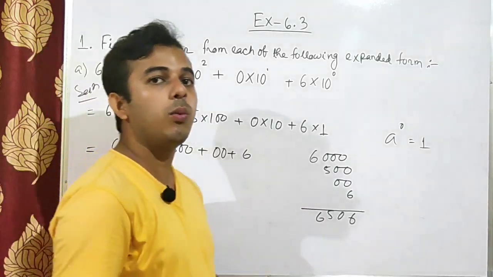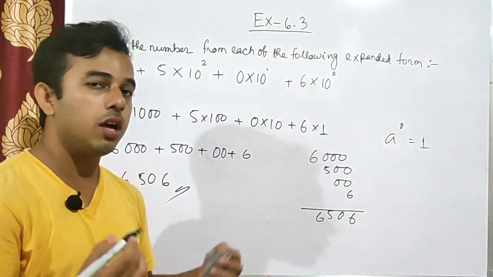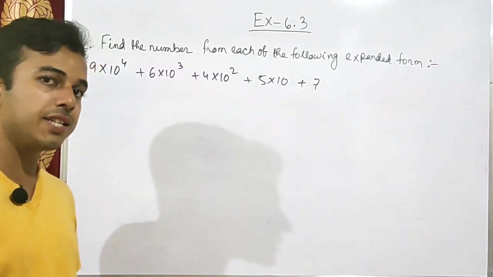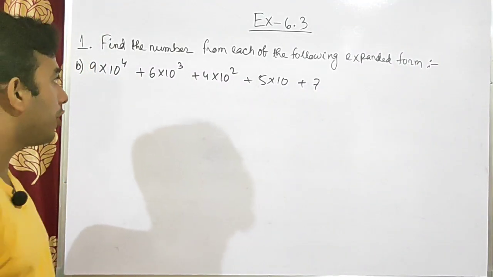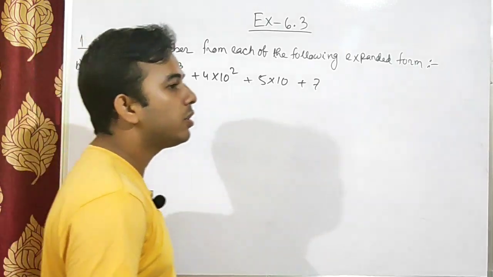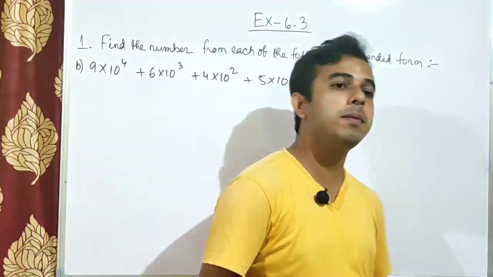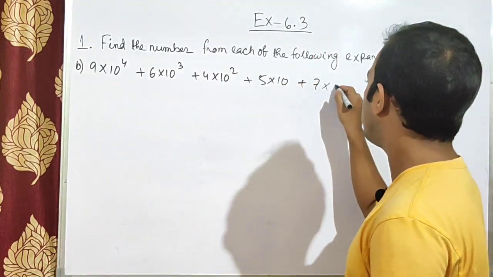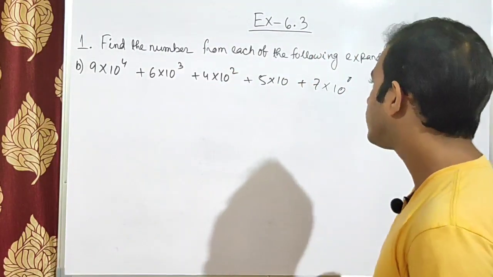Let us solve one more, and the remaining you can solve yourself. So the next expanded form is 9 into 10 to the power 4, 6 into 10 to the power 3, 4 into 10 to the power 2, 5 into 10, and 7 into 10 to the power 0 you can write. Okay, no problem. Clear?